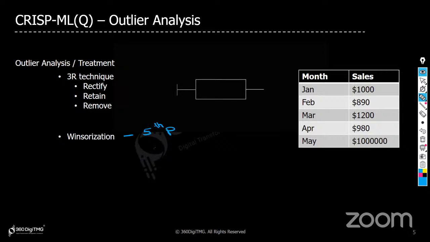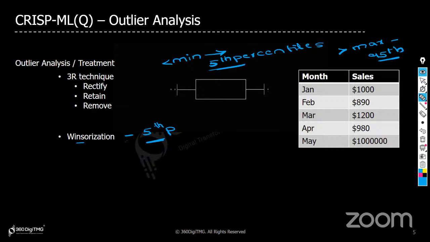When I take the 5th percentile, whatever values are less than the minimum are replaced with the 5th percentile, and whatever values are greater than the maximum are replaced with the 95th percentile. This is what happens when we go for the Winsorization technique.